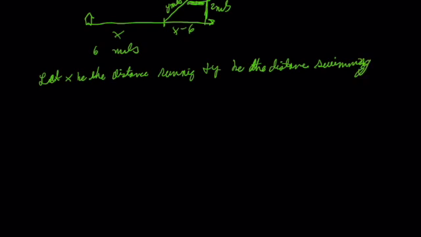T is our time from the cabin to the island. And we want to minimize T, right? We want the shortest time. I want to get to the island the fastest.